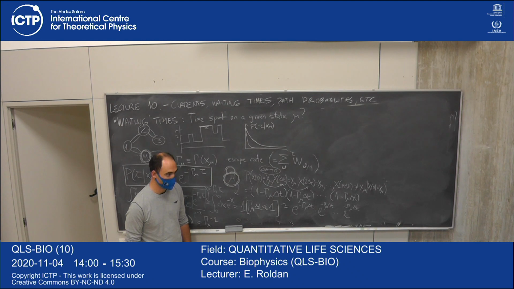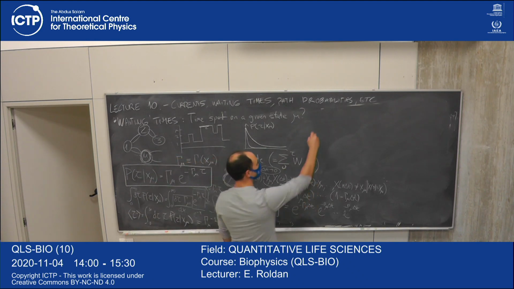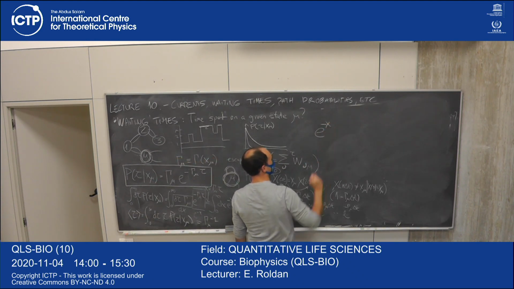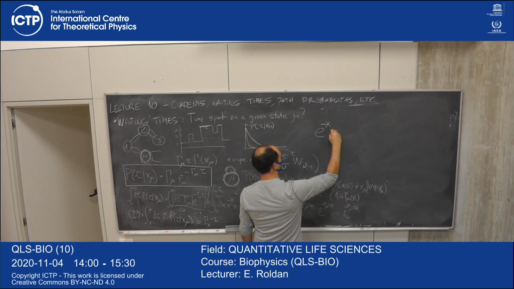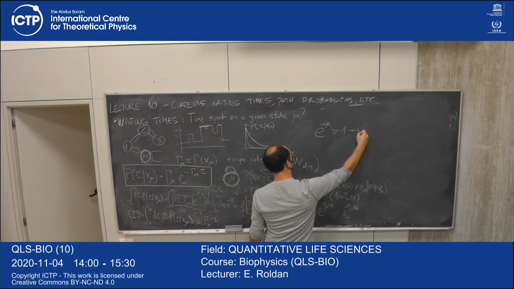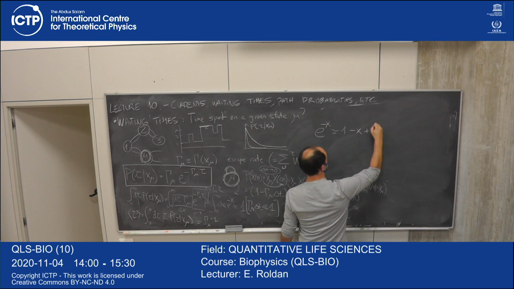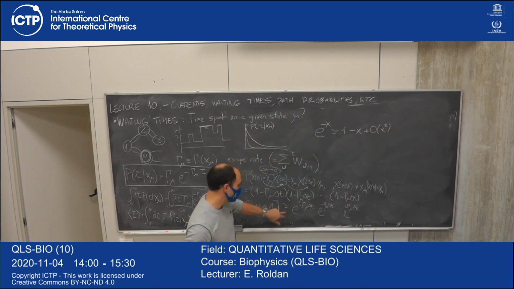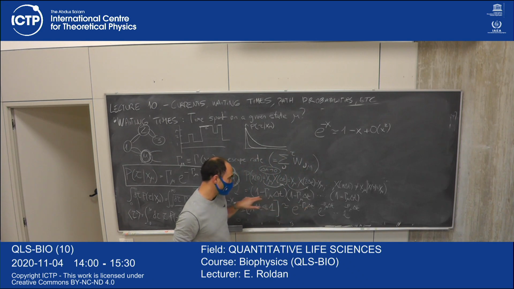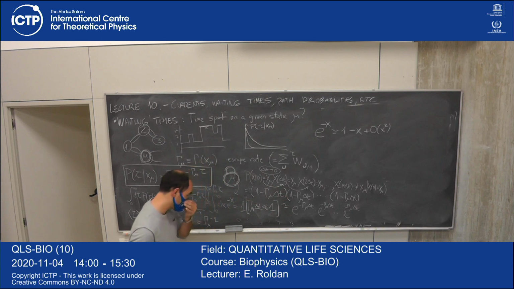Is it the expansion of the exponential at small quantity? Yes, it is the Taylor expansion. When you do e to the minus x, this can be written as 1 minus x plus order x squared. So I'm writing e to the minus gamma mu delta t as 1 minus this. I'm doing it inverse, by the way.